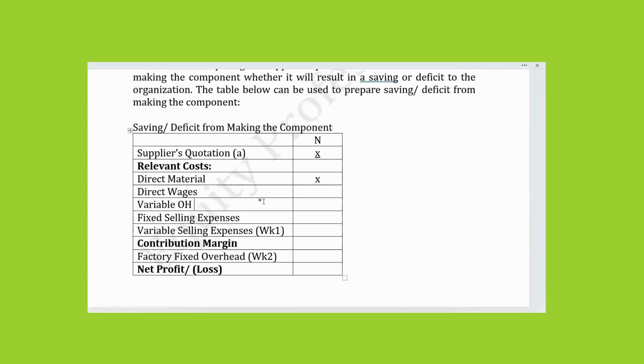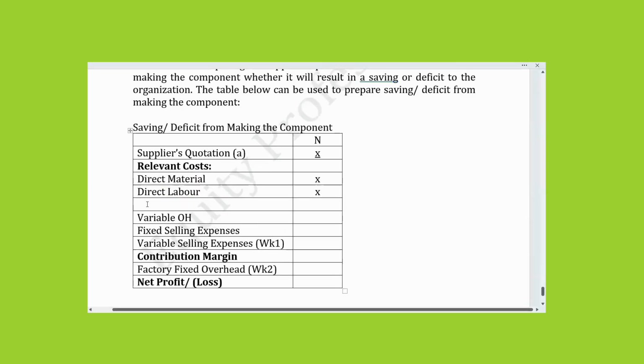All right. So you go back to the question. If you are given any direct material, you post. You consider direct labor. If you have any, you post, right? You check again if you have direct expenses. Direct expenses from the question, you post. If you have variable overhead given to you, then you post.